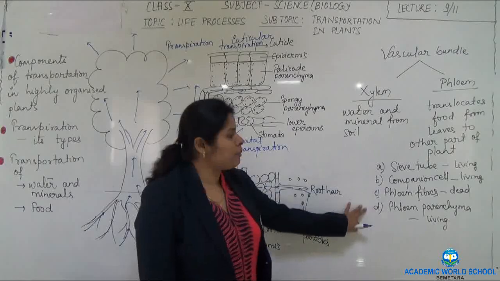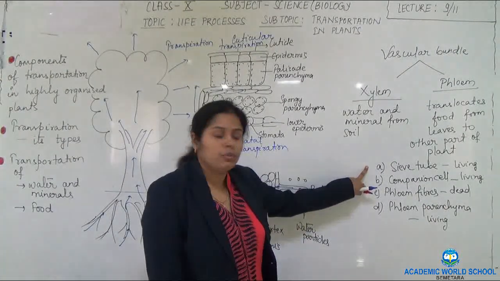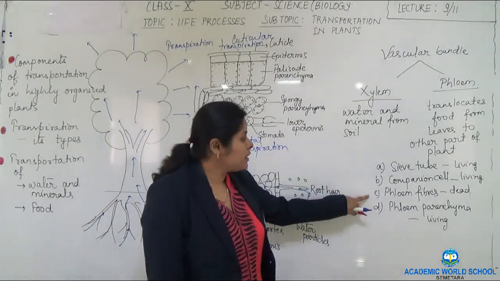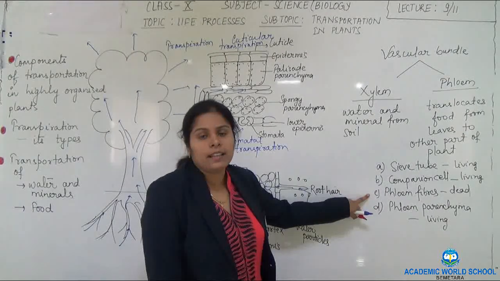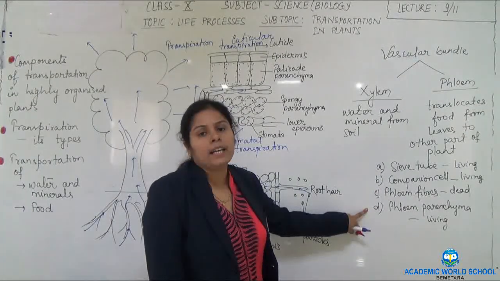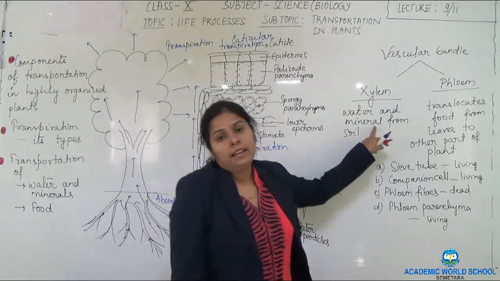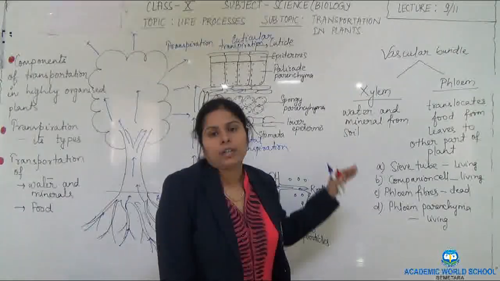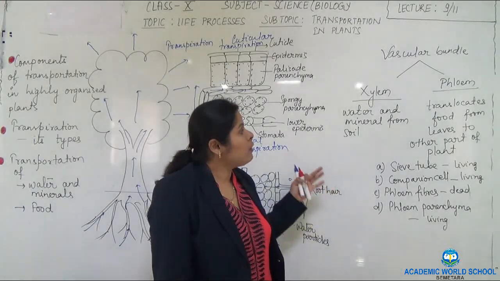So we have four components here. Sieve tube is the main conducting channel which translocates food. Companion cell assists it, these are the sister cells. The third one, phloem fibers, provide mechanical support and strength. And the last one, that is phloem parenchyma, stores food. So these are the two main components of vascular bundle that help in transportation, maybe water and mineral or food. How can we remember?